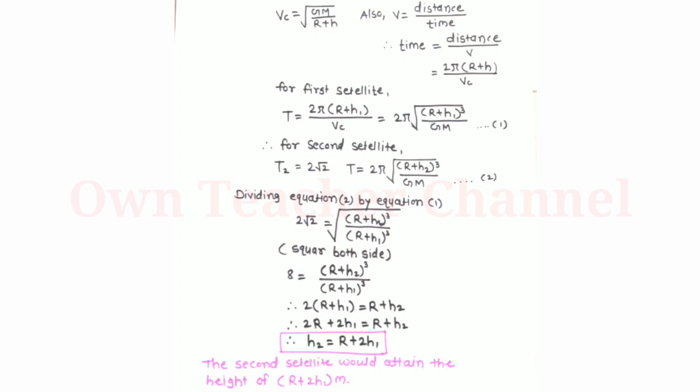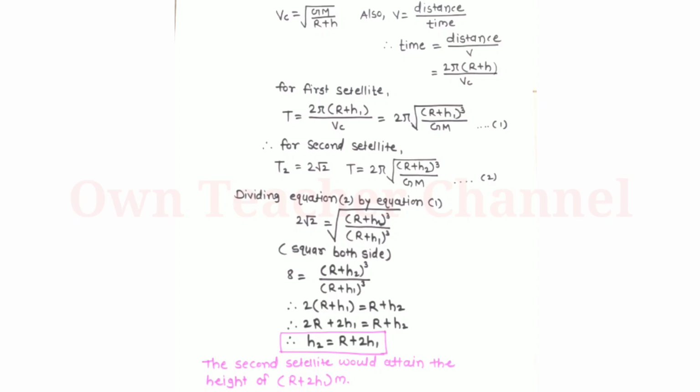Critical velocity is equal to under root GM upon r plus h. Also, velocity is equal to distance upon time. That means time is equal to distance upon v.